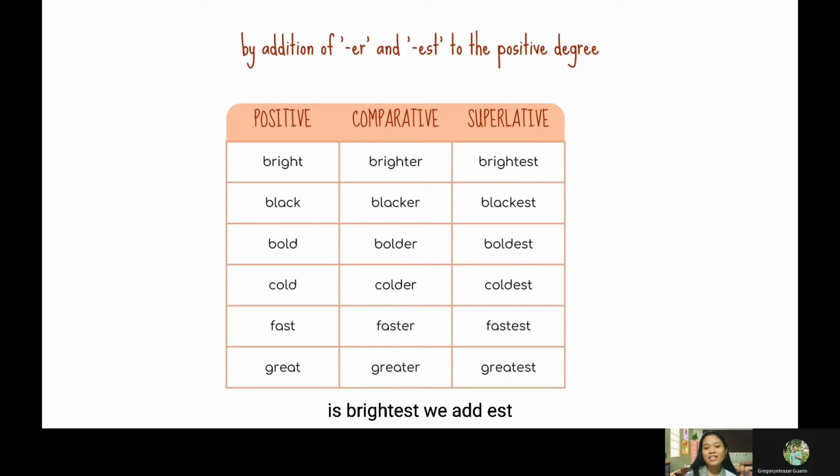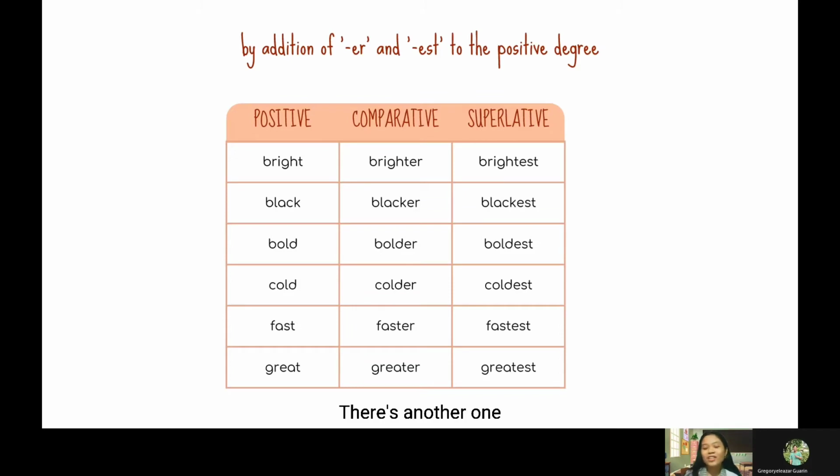We add EST. Black becomes blacker to blackest. Bold becomes bolder to boldest. Cold becomes colder to coldest. Fast becomes faster to fastest. Great becomes greater to greatest.